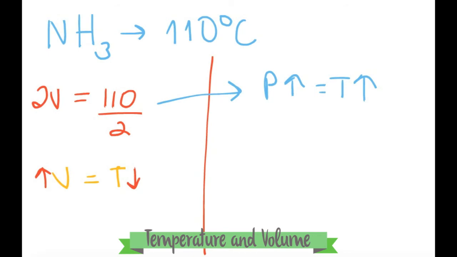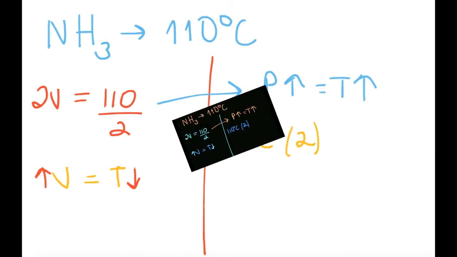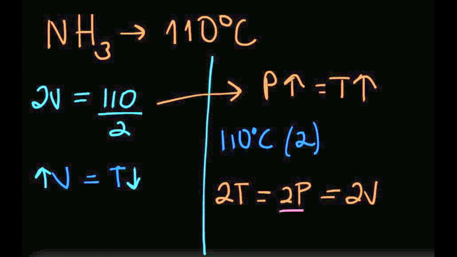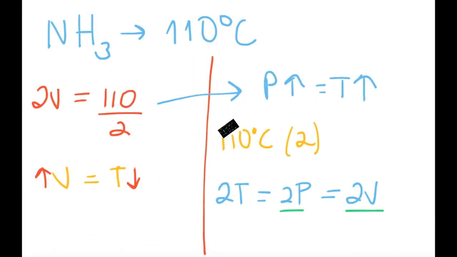However, if we do this, then the pressure wouldn't stay constant because pressure and temperature are directly proportional, just like we defined earlier as well. So the only way that this could happen is if we multiply the temperature that we are given, 110 degrees Celsius, by 2. I'll explain why. 2T is equal to 2P, and 2P is equal to 2V, because pressure and volume are directly proportional.